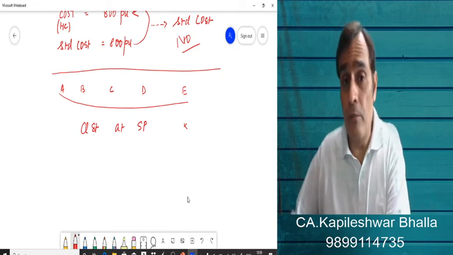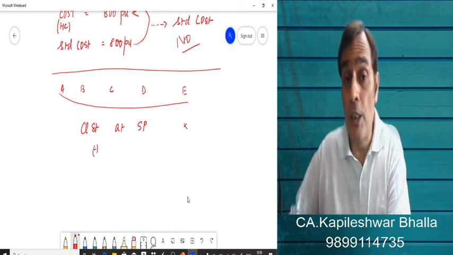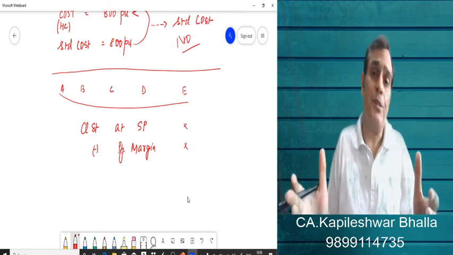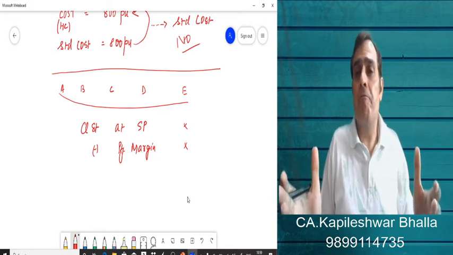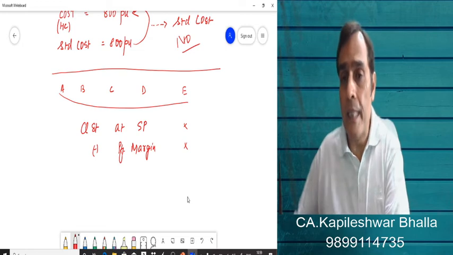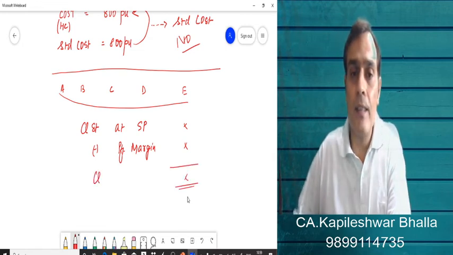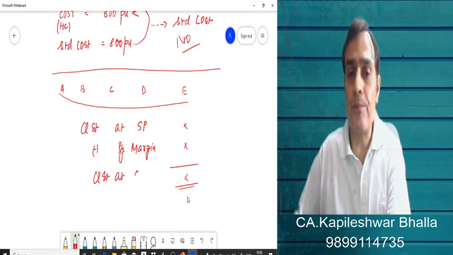And if you remember, from this closing stock at selling price, we used to reduce the average profit margin. We used to assume that all these products have similar gross margins. So let's calculate an average profit margin on all of them, and we used to get the closing stock at cost.